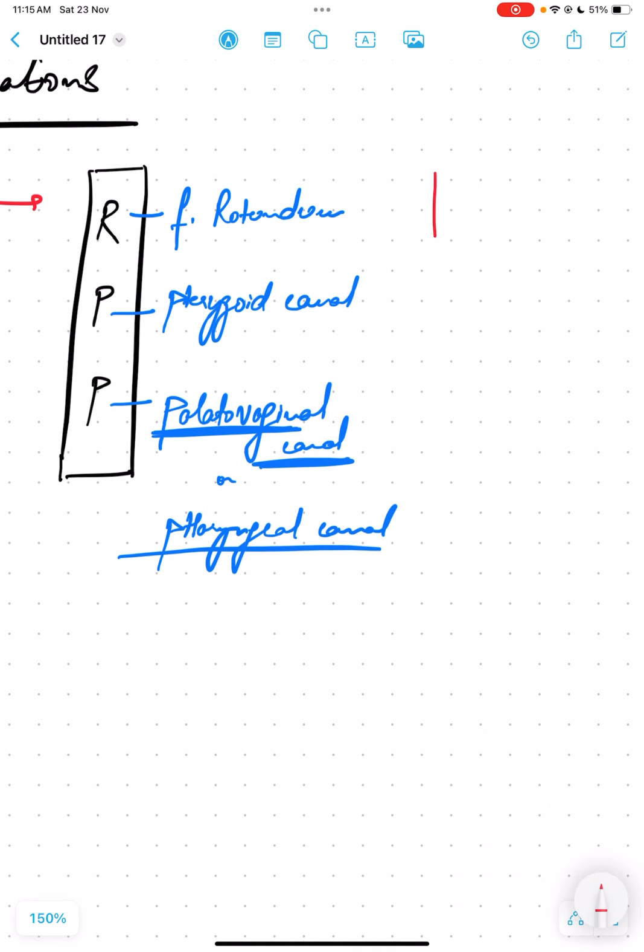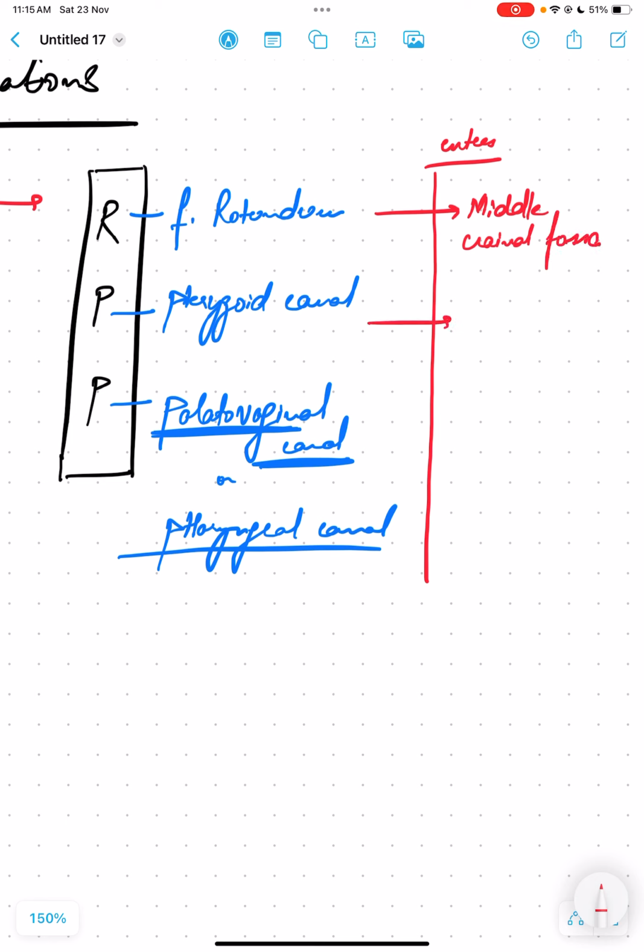The foramen rotundum enters the middle cranial fossa. The pterygoid canal enters the foramen lacerum, and the palatovaginal canal or the pharyngeal canal enters the pharynx.